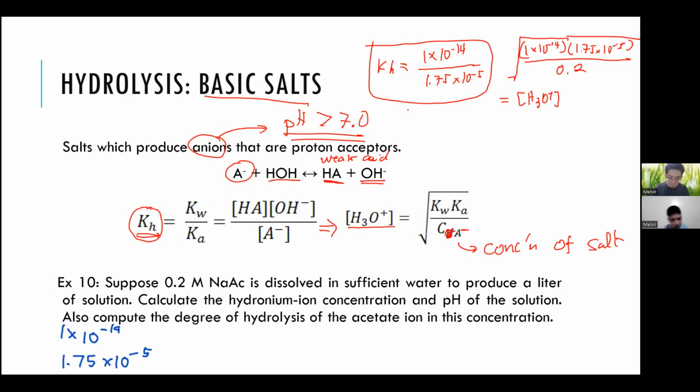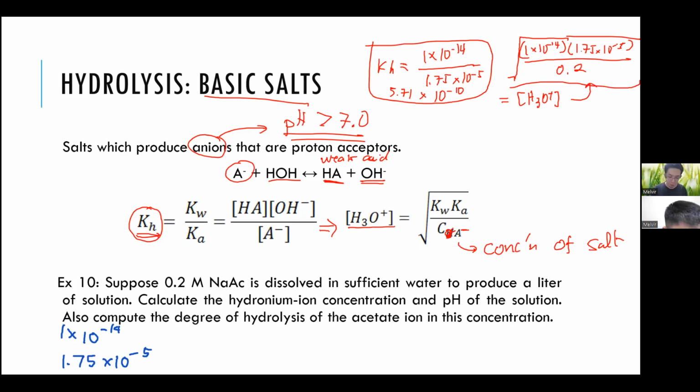So, let me simplify your hydrolysis value. 1 exponent negative 14 divided by 1.75 exponent negative 5, which is 5.71, which is actually the Kb, no? If you look at it, it's the Kb of acetate. Remember, right? Kw, Ka Kb, it's the Kb of your acetic acid's conjugate base. So now, H3O plus is equal to this term.